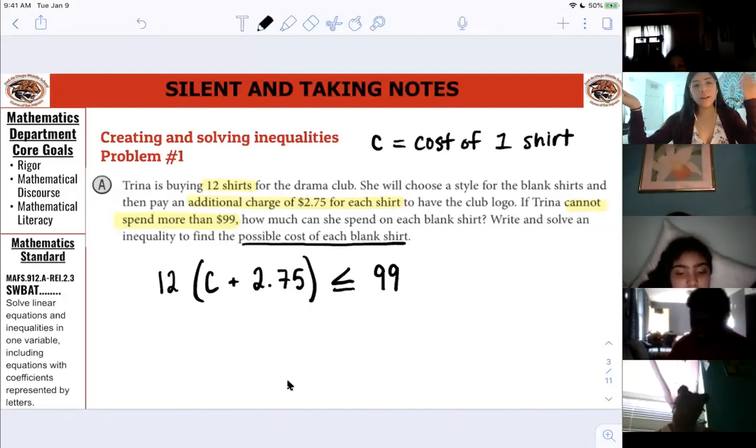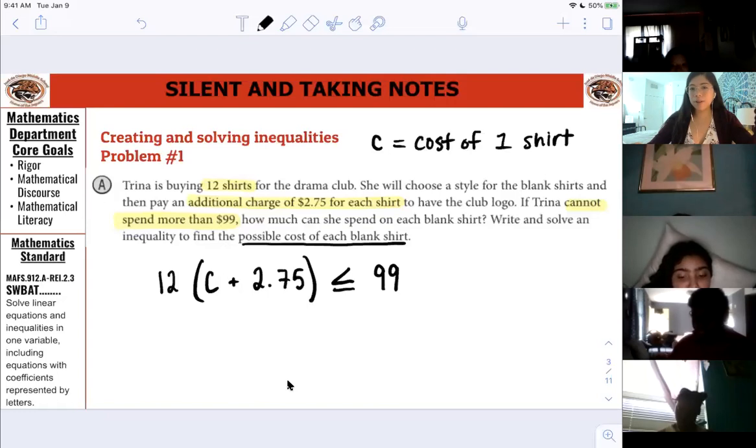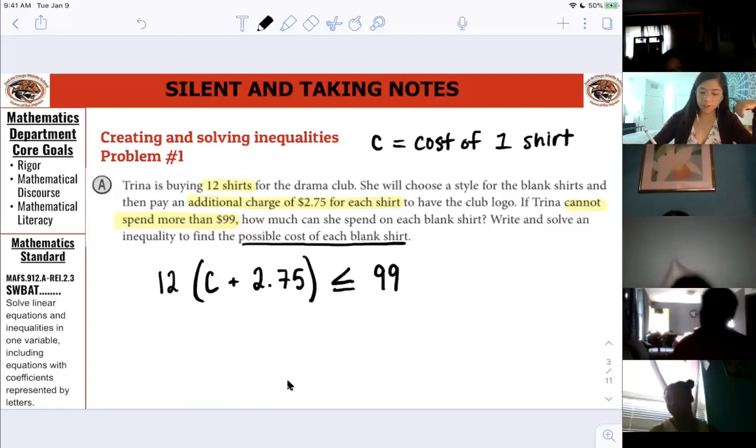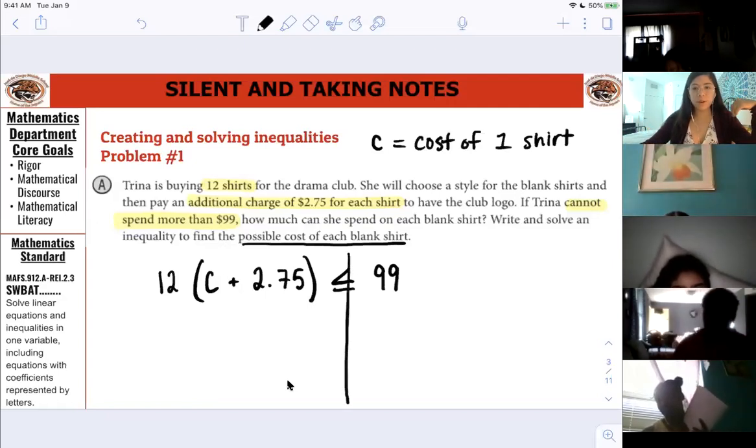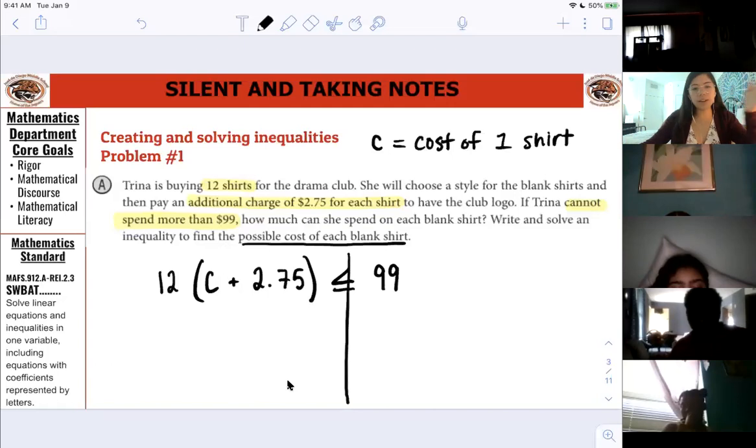And now that we have our inequality all written out, we have to solve it. We're going to solve it following the same exact steps that we use in a normal equation. The only difference is now you have a symbol. So I want you to try it because you already know how to solve equations. Take 2 minutes to see how far you can get solving this inequality.